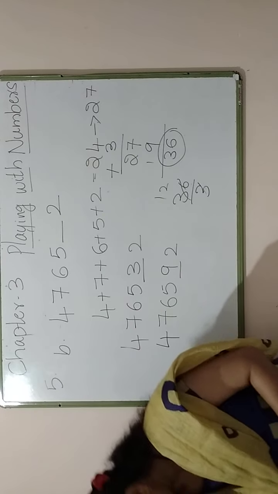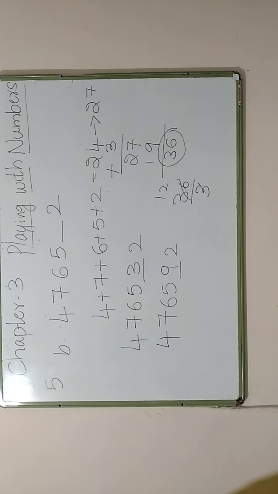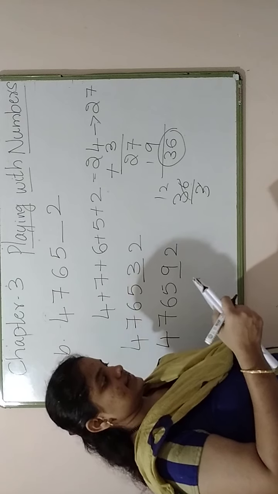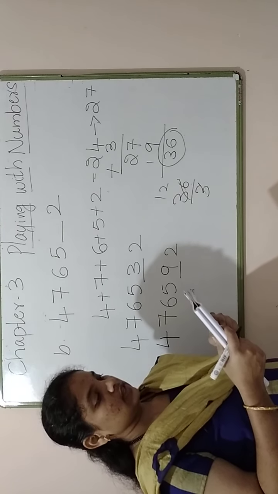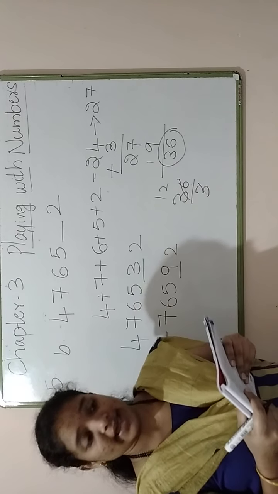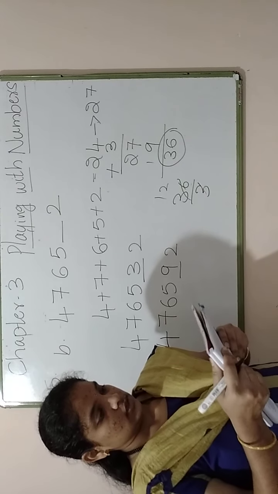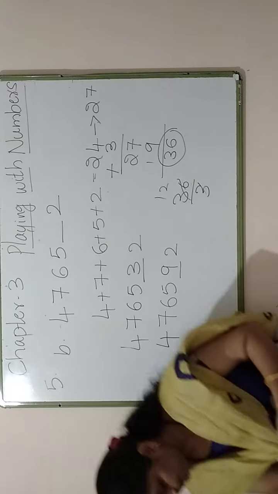Okay. So the last question, the last one in this exercise, is: write a digit in the blank space of each of the following numbers so that the number formed is divisible by 11. So, okay, we have to find out the number formed should be divisible by 11.